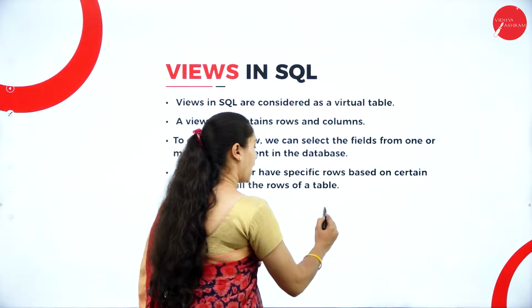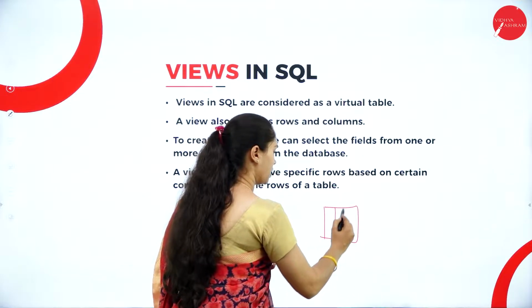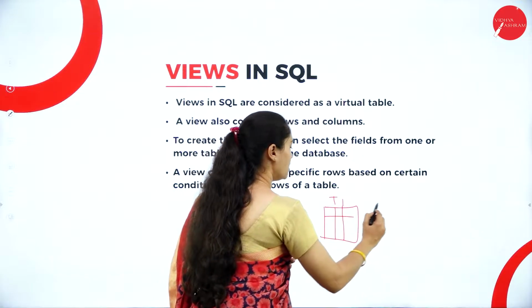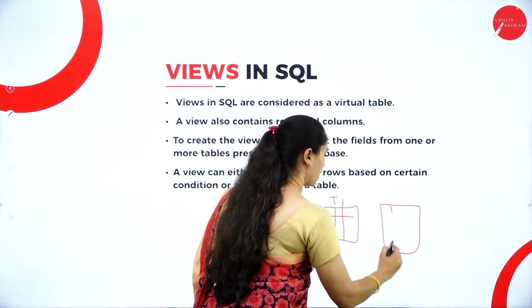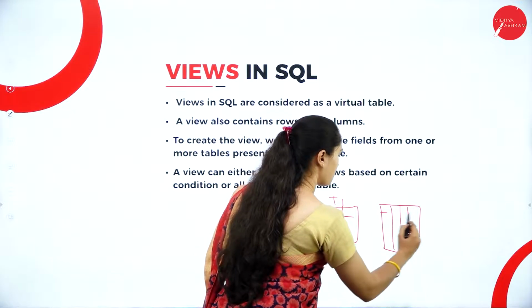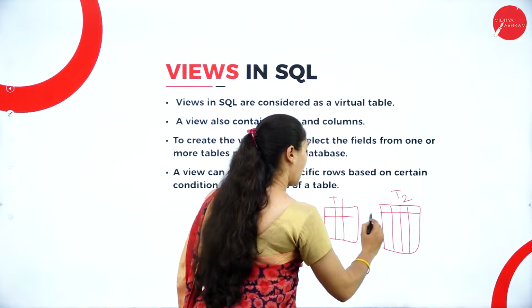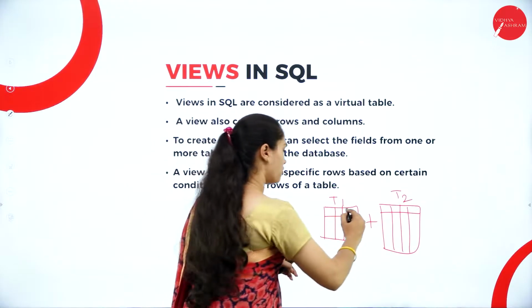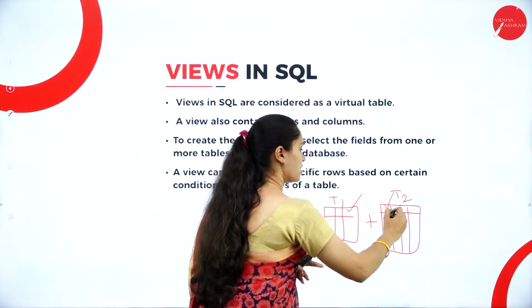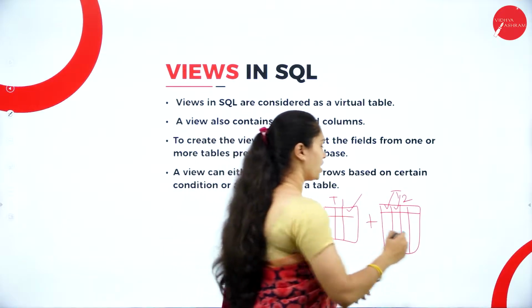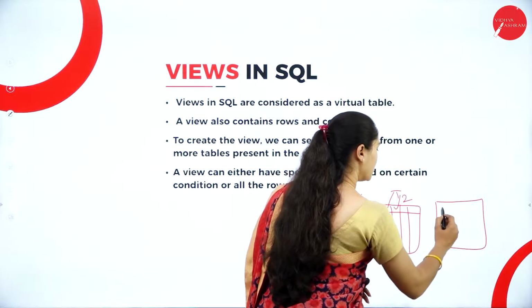Just imagine I have a table called T1, and I have one more table called T2, right? Here by taking certain columns of T1 and certain columns from T2, I am going to create one more table called T3.